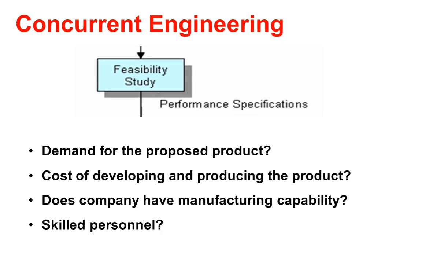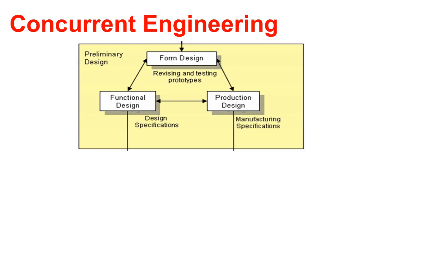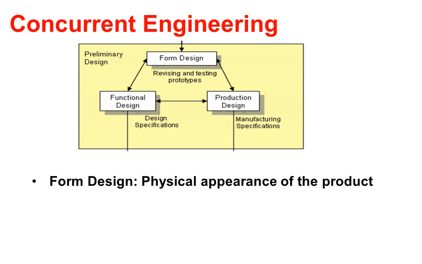Skilled personnel, are they available in the company? And then is the preliminary design. Form design, revising and testing prototypes, functional design, design specifications are prepared. Under production design, manufacturing specifications are made. All are working together to give us the preliminary design.